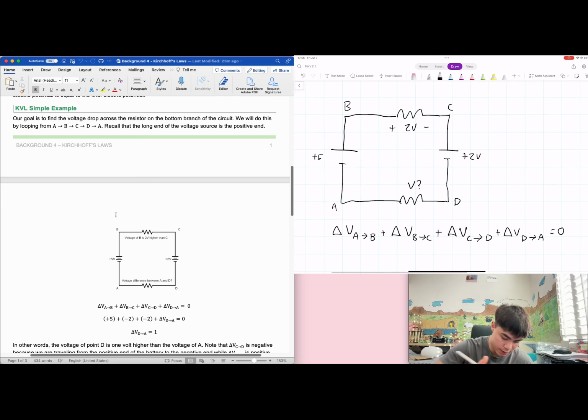Again, this should make sense because if you start at A and then travel around the circuit and end at A, the total change in voltage should be 0 since your start is the same as the end point.